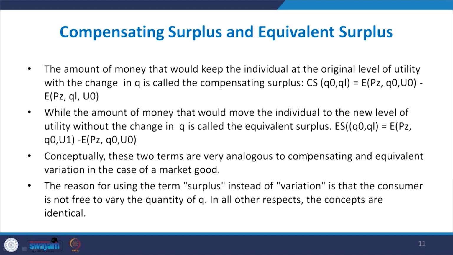The amount of money that would keep the individual at the original level of utility with the change in Q is called compensated surplus. So, the amount of money that would keep the individual at the original level of utility with the change in the quantity of environmental product is known as compensated surplus, and from this equation you can know the compensated surplus.